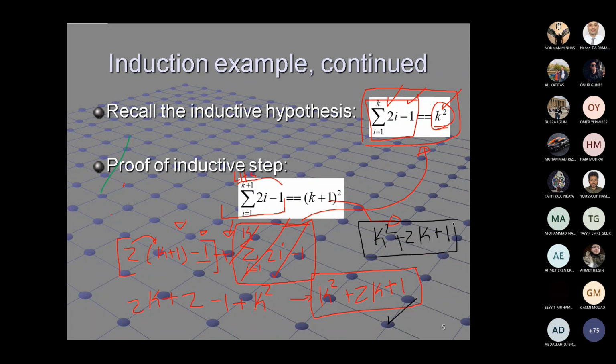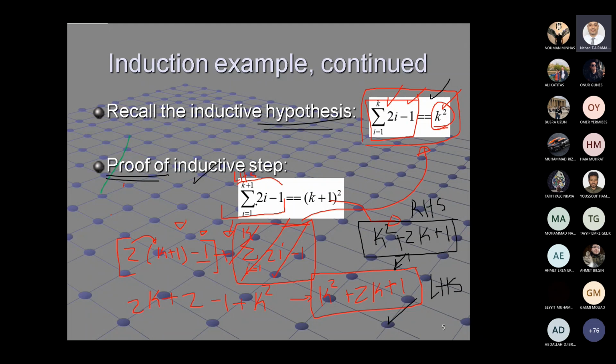Look at the right-hand side and left-hand side. You will see that they are the same. So, using the hypothesis that we made as an assumption in the second step, we proved the inductive step. In this case, we have the base case correct.